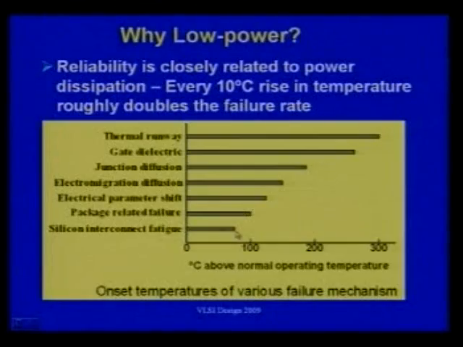As the temperature rises, close to 100 degrees above normal operating temperature, various failures will start happening. If you want a reliable chip, the temperature should be low so that the failure rate will be lesser. That means you have to develop suitable methodology so that power dissipation is low, leading to reliable processors.